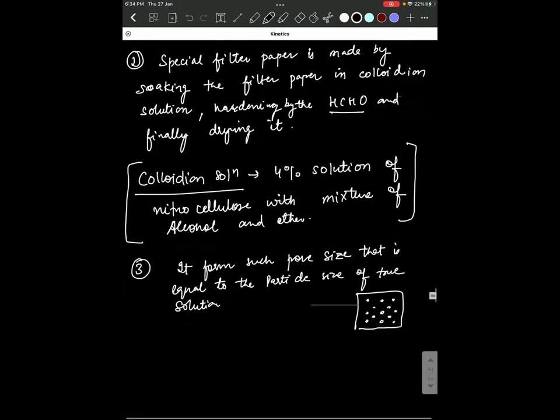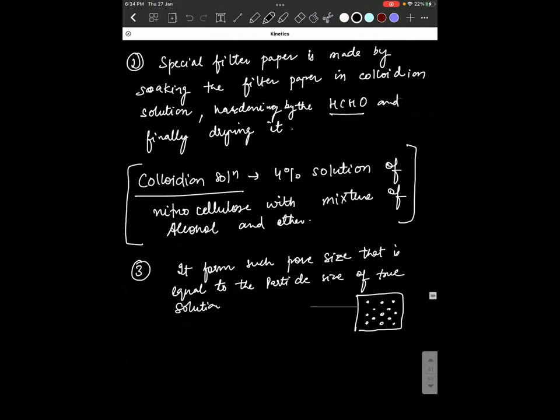Joanna, it is fine now? Yes, ma'am. Till which topic you got? Till the third point, it forms such pore size that is equal to the particle size of the true solution particles.